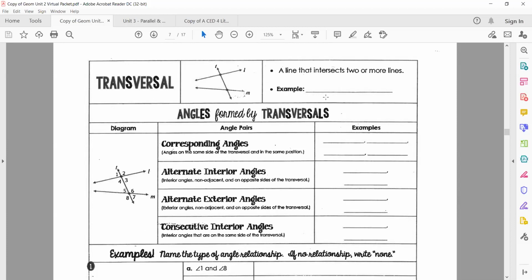A transversal is simply a line that intersects two or more lines.